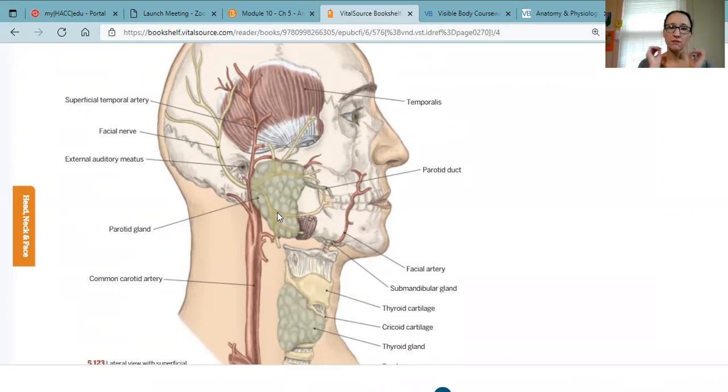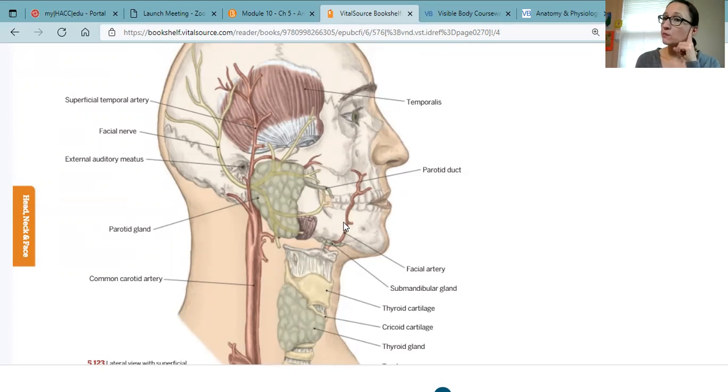Now, this nerve actually exits right down here. You can't see it. Then it comes up the side of the skull right there, right where this blood vessel is, and then it starts to branch off. The facial nerve innervates quite a few facial muscles, and it is just anterior to the ear here, which means that if you are working on masseter, you need to kind of watch where you are.